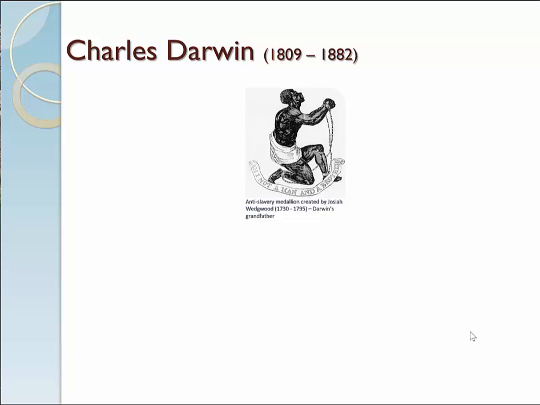And so Darwin was very influenced by his family, and one of the driving factors for him in his pursuit of evidence for evolution was to prove that all people on Earth are brothers and sisters and closely related.